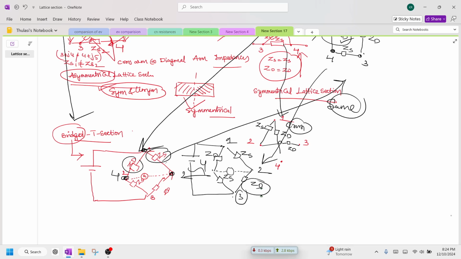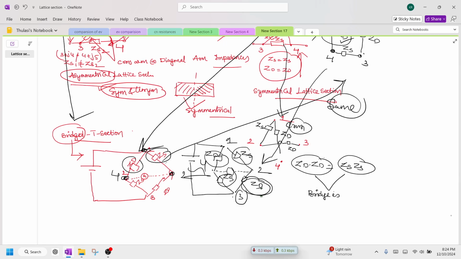What is the bridge balancing condition? It is the product of opposite branch impedances. What are the opposite branches? ZD into ZD is equal to ZS into ZS. Both are the same, so automatically we can say that the given bridge is a balanced network.